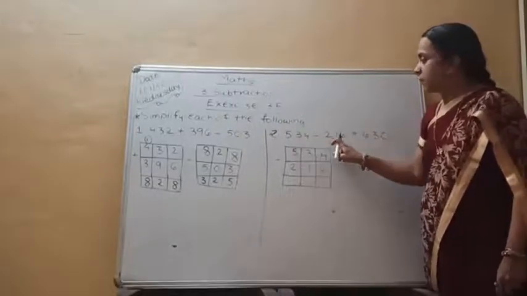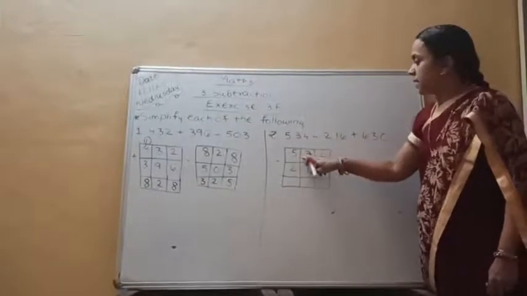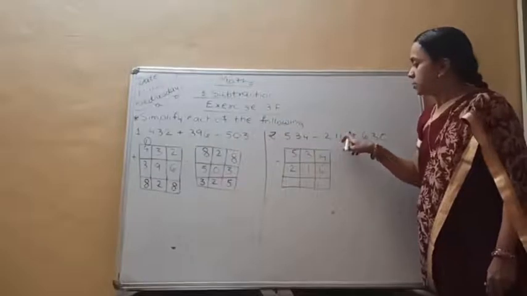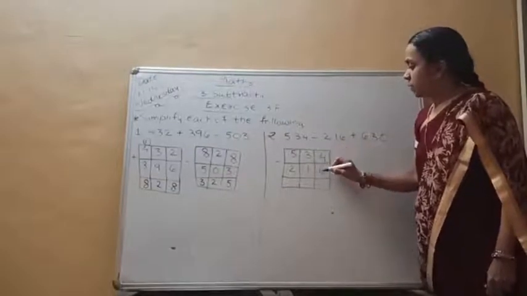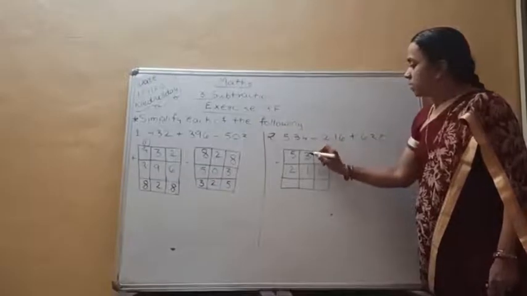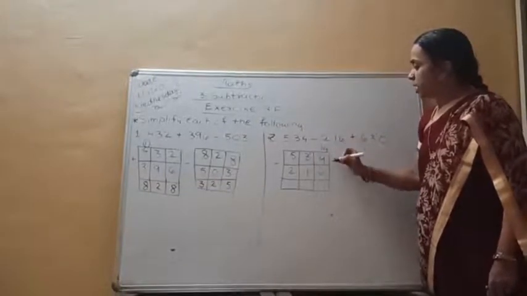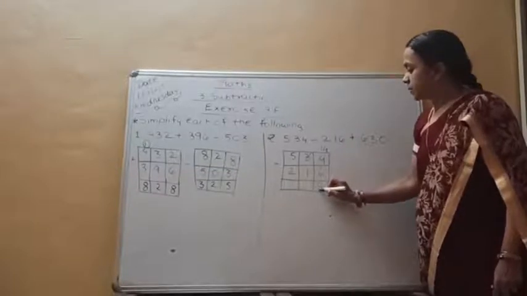So in step 1 we will do the subtraction. So 534 minus 216. 4 minus 6. Not possible. So take 1 from these 3 and you write down here 14. 14 minus 6, 8.